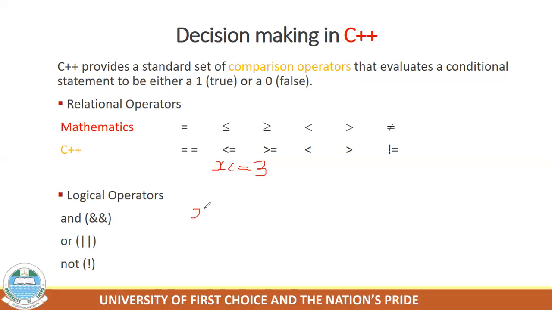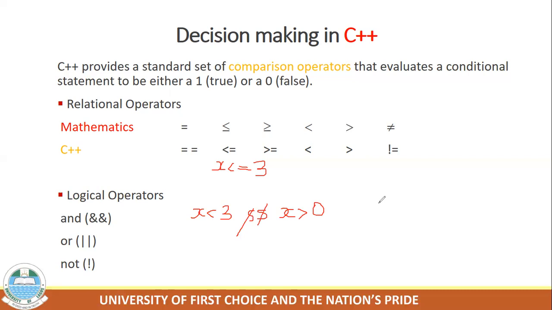So you could do, okay, if x is less than, let's say, 3 and x is greater than, let's say, 0. If it's less than 3 and greater than 0, you are looking for x in the range, that is to say 1 and 2.